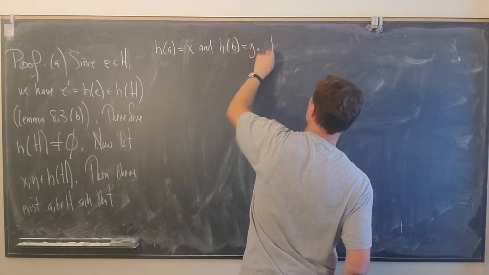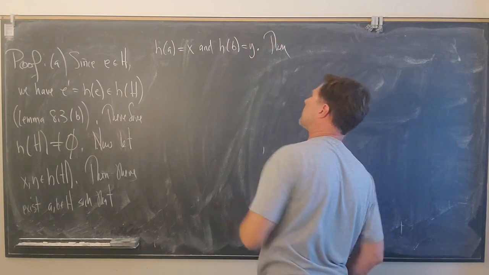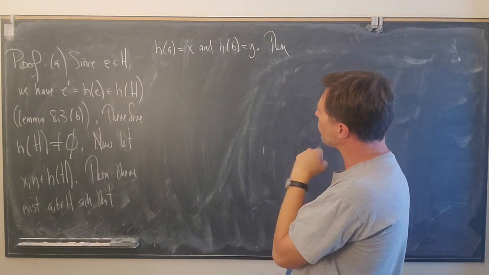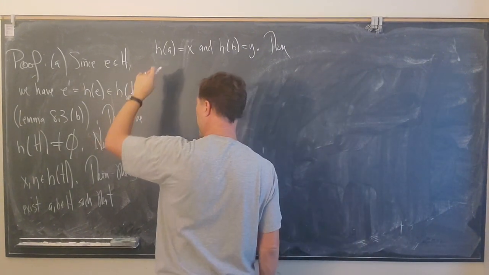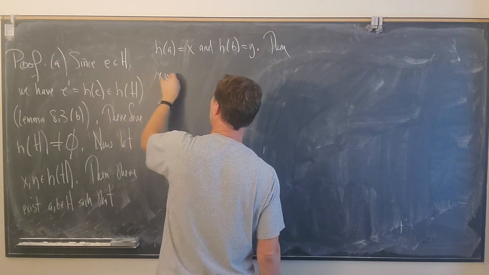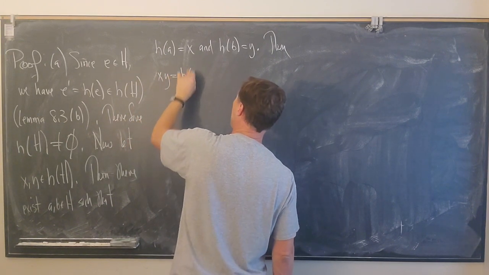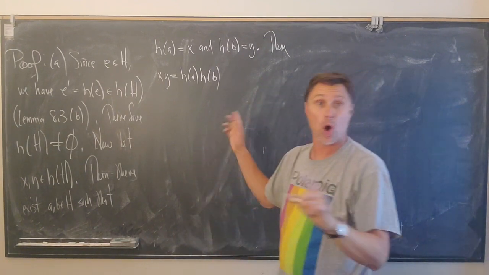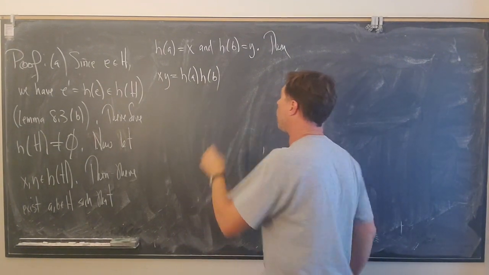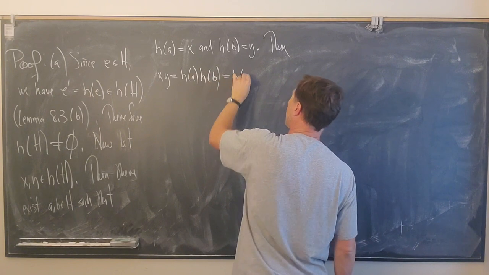So then, what am I trying to do? I would like to show that x times y lives in h of H. So let's look at x times y. That will be h of a times h of b. And now we know we've got a homomorphism, so I could join this into one piece, h of ab.